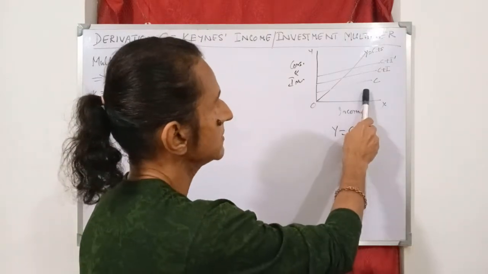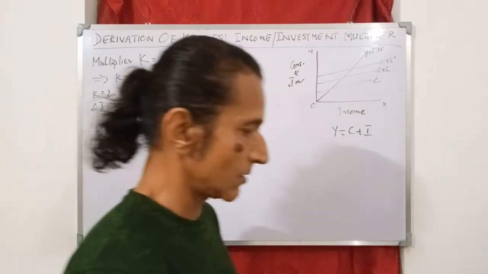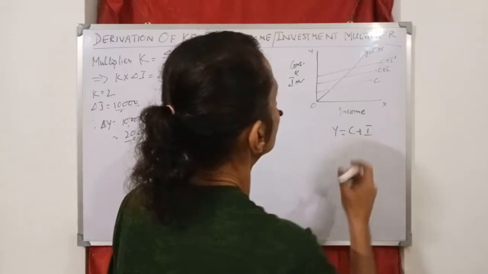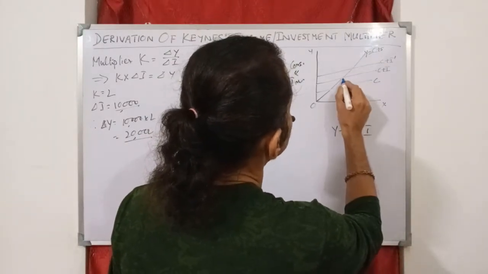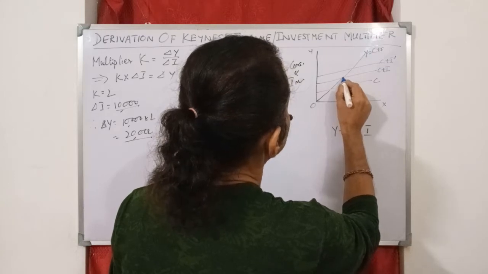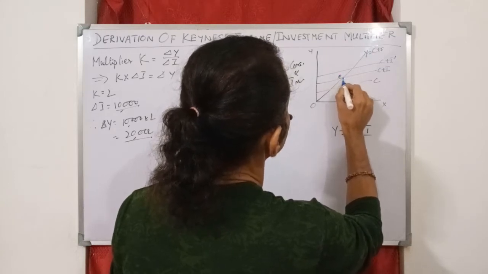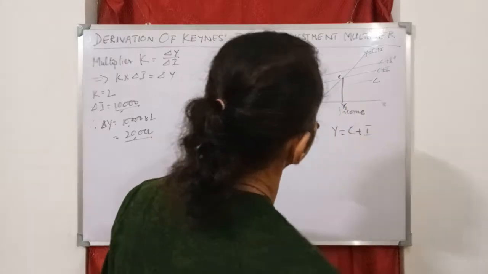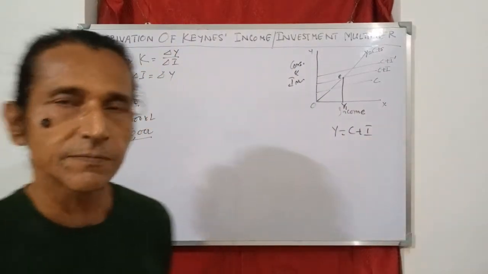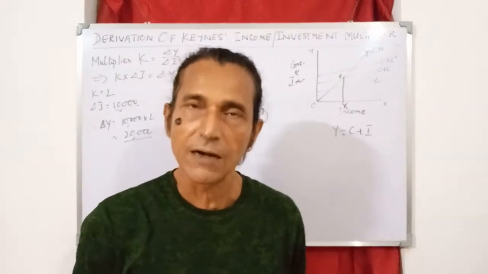So this is C line, this is C plus I line. Now the C plus I line intersects C plus S line at this point, say this is E. So Y1 is the income, the national income or aggregate income.